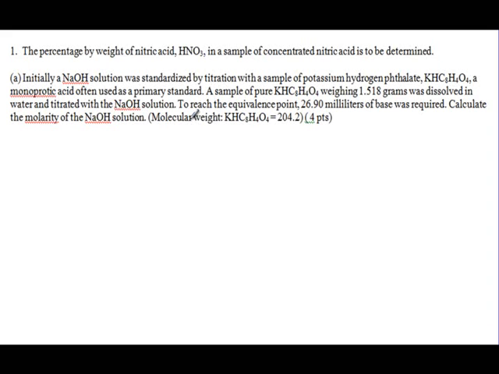This is a titration, and when we reach our equivalence point, we want the moles of acid to equal the moles of base, or really moles of H+ to equal the moles of OH−.